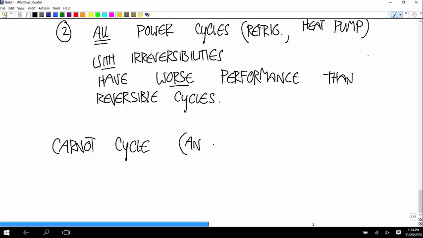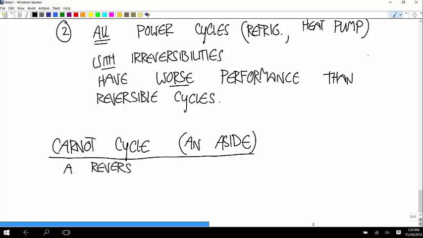This is an aside, but this is a word you should know. This is a reversible power cycle.